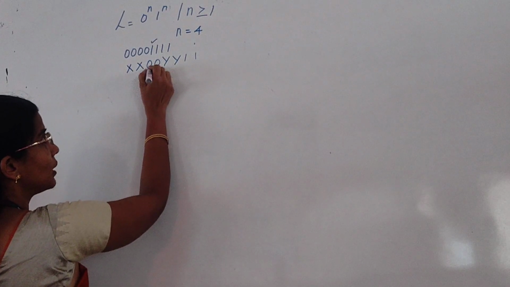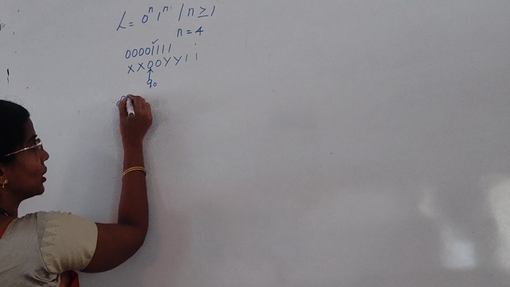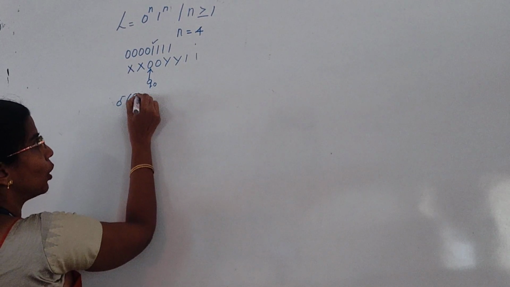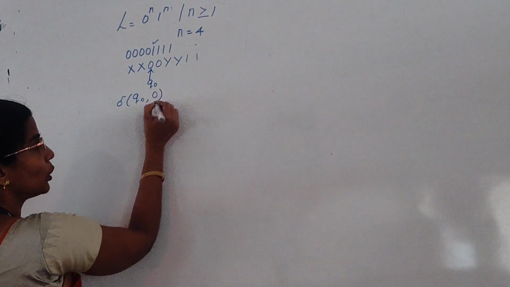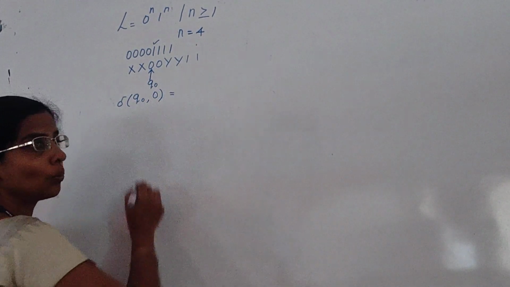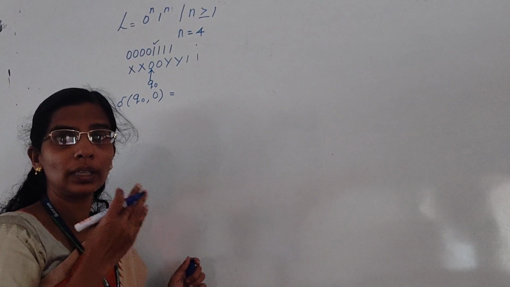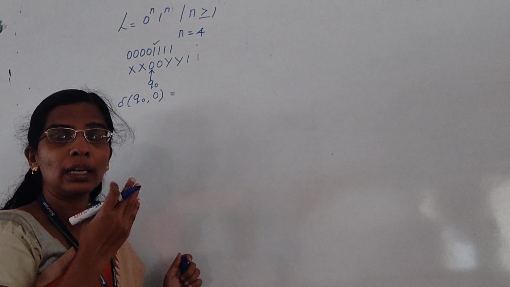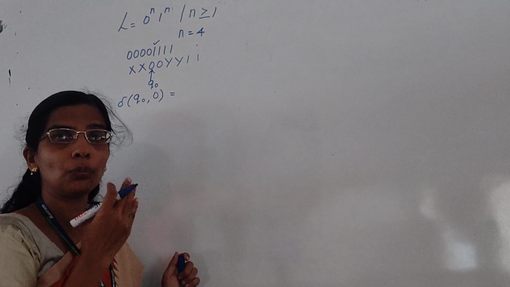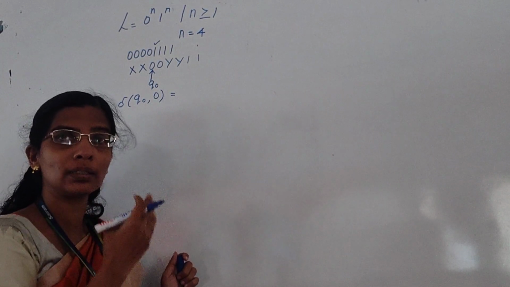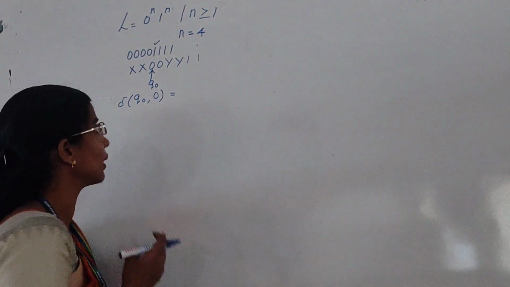You know initial state is Q0, right? You can write the transitions delta of Q0, it is reading 0. So Q0 when it reads 0, right? You know I have to replace this 0 with x. So while making a replacement, you can make a state change, replace, and then specify the direction for your read-write head.